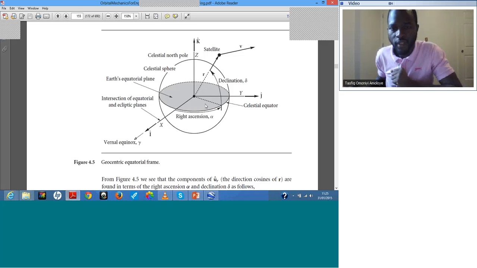So this line here, UR in this plane, is going to be cos delta. If we want its component in the x direction, we just have to do cos delta cos alpha, that is the right ascension there.